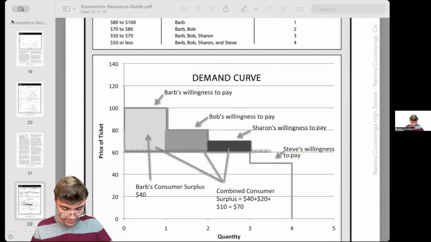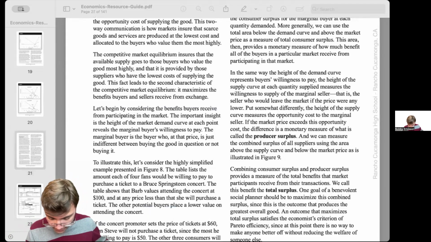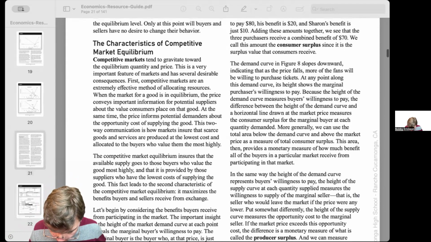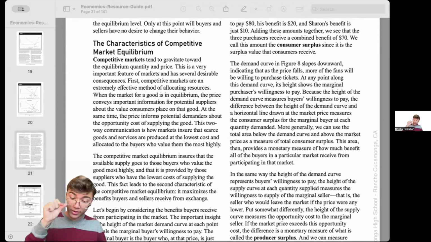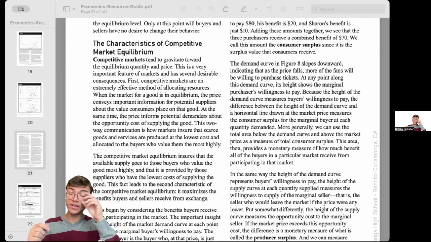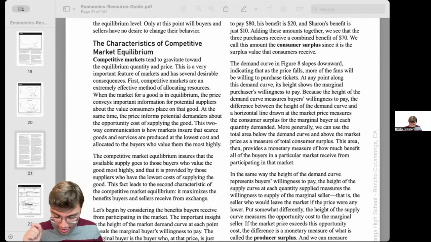But if we just go back here, we can see that at any point along the demand curve, the height shows the marginal purchaser's willingness to pay. So any purchaser at that point is willing to pay that amount.